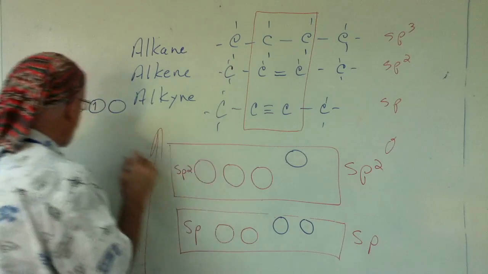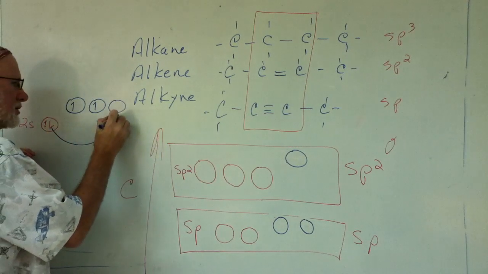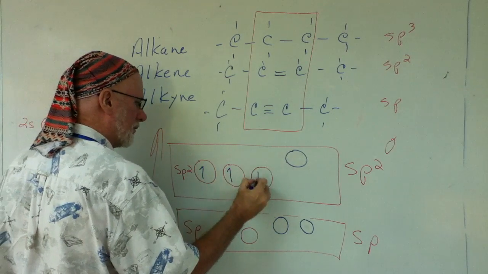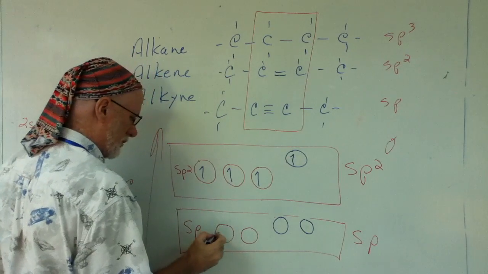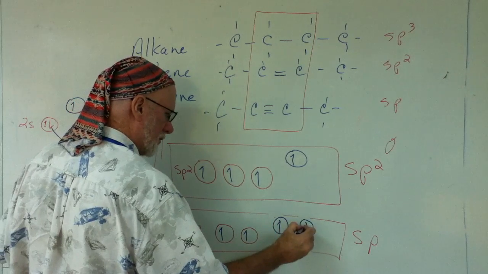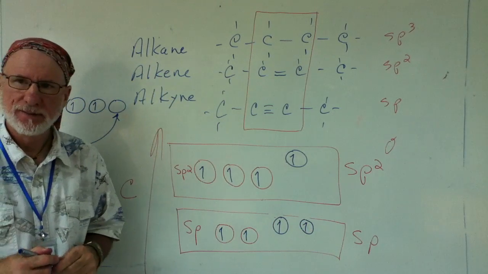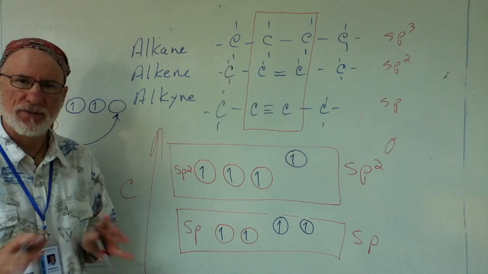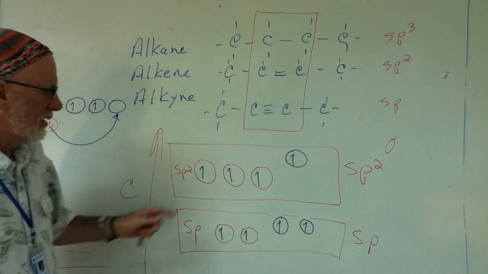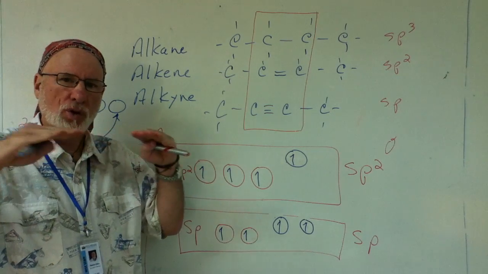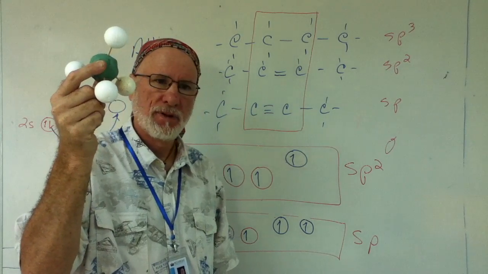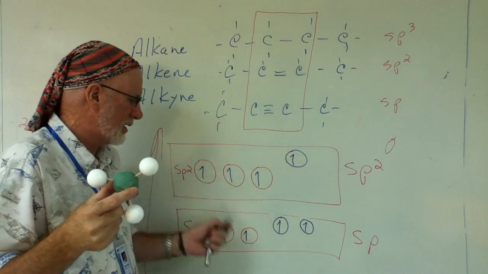So what happens is you still get this redistribution of the electrons. But instead of forming 4 orbitals all the same, like with this tetrahedron, you're only going to form 2 here, 3 here, and 2 here.